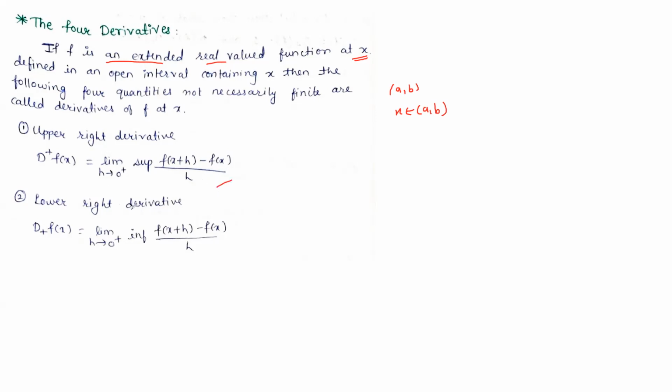Then the lower right derivative is defined as D plus f of x equals limit h tends to 0 plus infimum of (f of x plus h minus f of x) upon h.